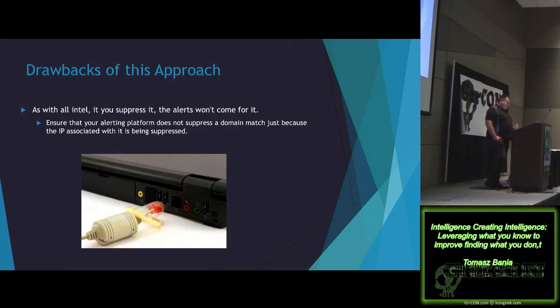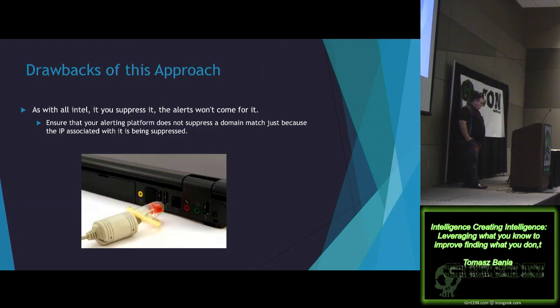So in terms of drawbacks to this kind of approach, as with all intel, if you suppress it, the alerts aren't going to come for it. One of the ways that you can remedy this is ensure that your alerting platform will still allow you to trigger on that domain or URL alert just because an IP address is suppressed.